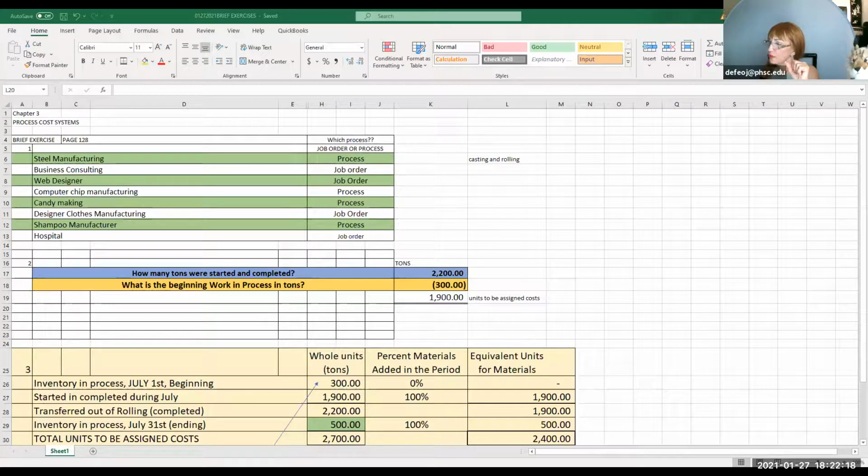So the journal entry means a date, an account that is being affected, and a debit and a credit. That's what a journal entry consists of. And please make sure your debits equal your credits. That's very important. So they want you to make an entry of the direct and indirect materials used.